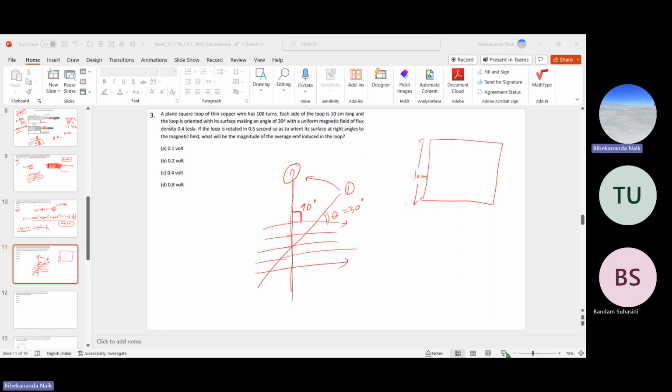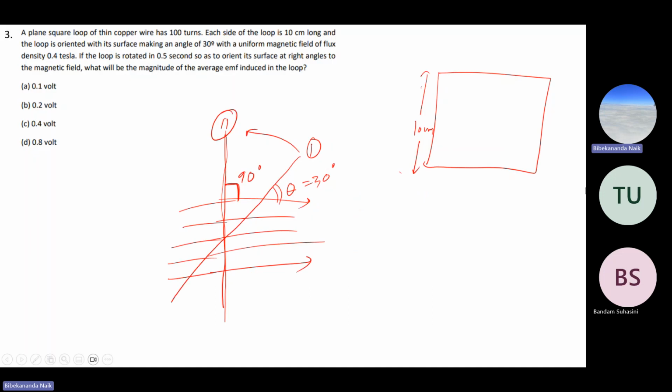Since the angle is changing, the flux will also change, and due to this change in flux, there will be an induced EMF. So we need to calculate the value of the induced EMF in the coil. I'll give you a few minutes to try this question, then I will solve it for you.